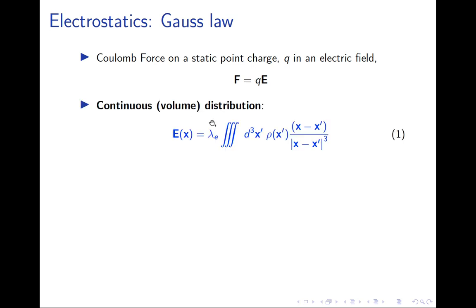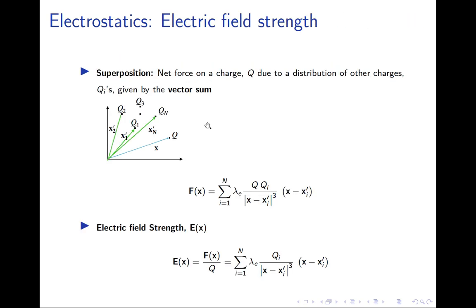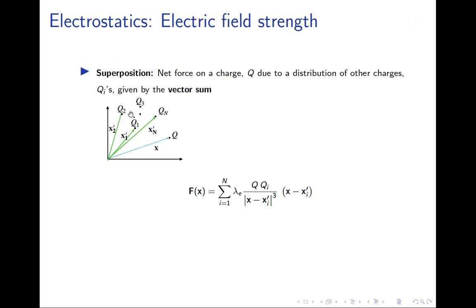Continuous volume distribution of charges. Now, what we were discussing so far was a discrete number of charges, but typically we have 10 to the 23 charges per mole or something like that. So when you have a lot of charges, this sum is difficult to perform, in the sense that it is not economic to define such an expression. Then we go to a continuum description in which we replace this sum by an integral, and the charge located at the ith location by some kind of charge density.